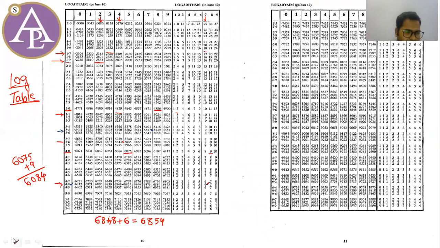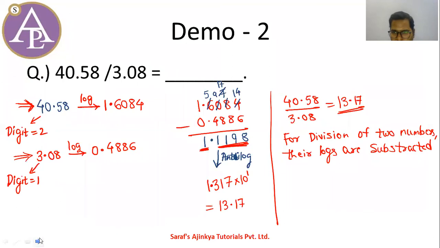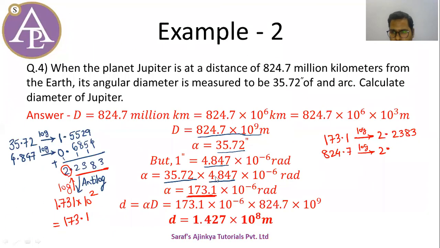Where is 17? So 17, 3 and 1. So 2380 plus 2, 1731. So 2380 plus 2, so 2382. Correct. So I have written, did I write 2382? Yeah, 2.2383. Okay, that works. Some variation will be there.